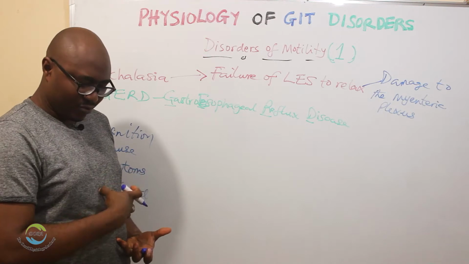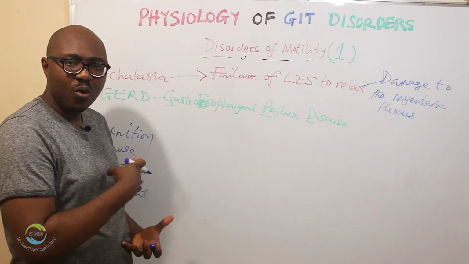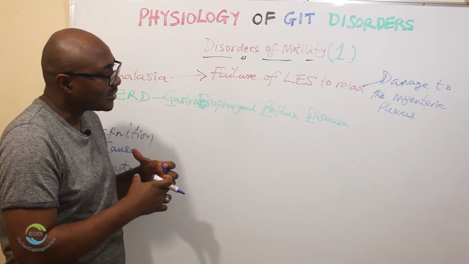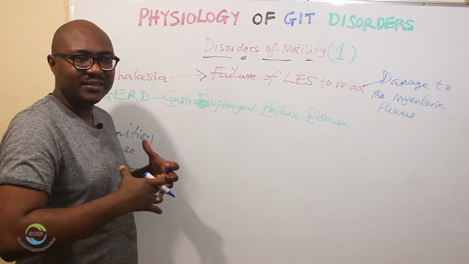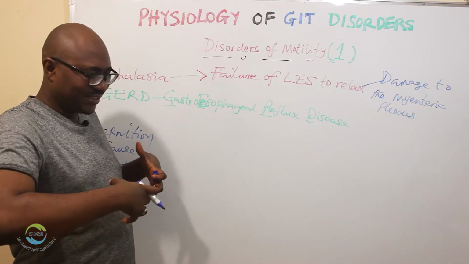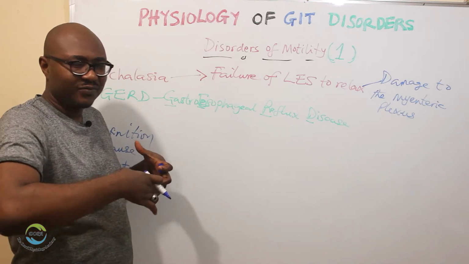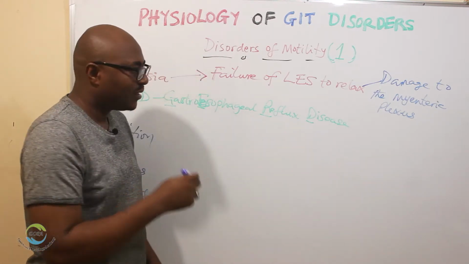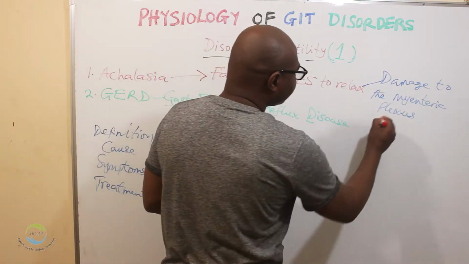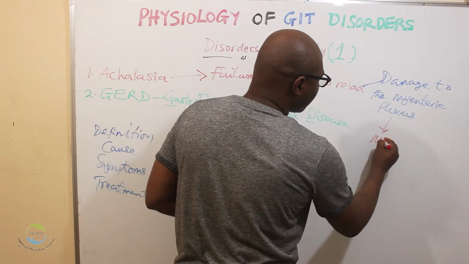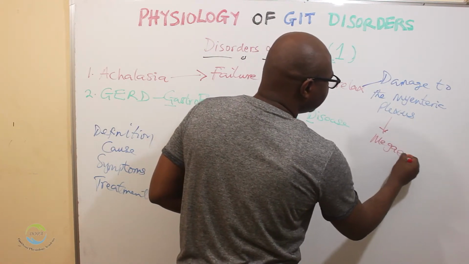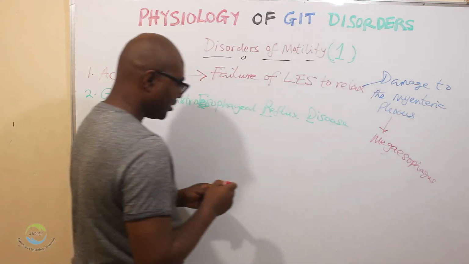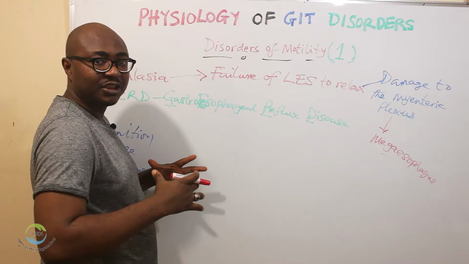So what do you think will happen? Now, food begins to accumulate at that lower esophagus. It cannot pass through. It begins to accumulate. And as it accumulates, it enlarges that lower esophagus. That's why sometimes we also call it mega esophagus, due to its enlargement.